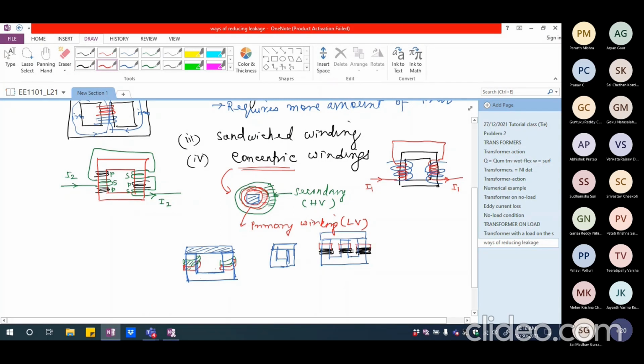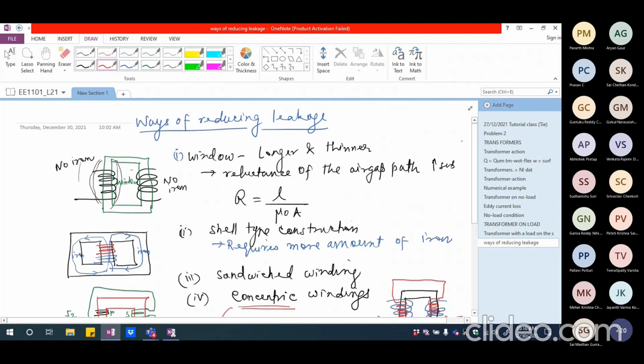So I can have basically these kinds of constructions to reduce the leakage so that the performance of the transformer improves. Okay.